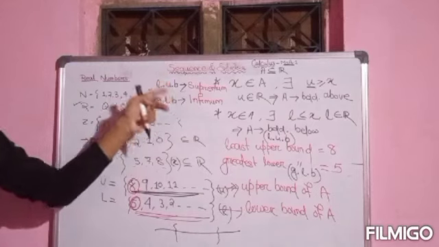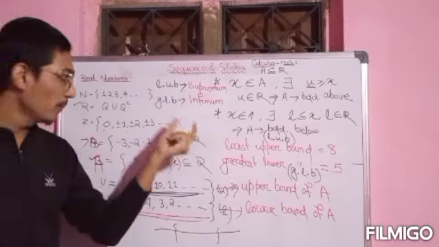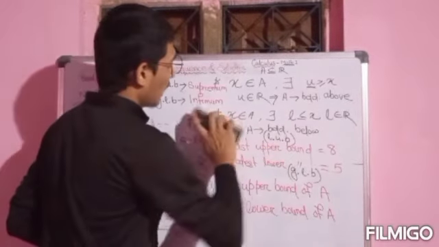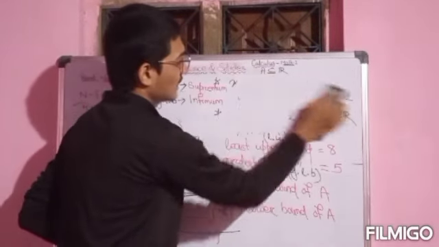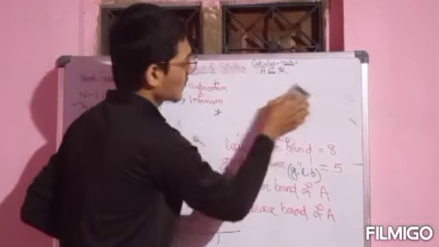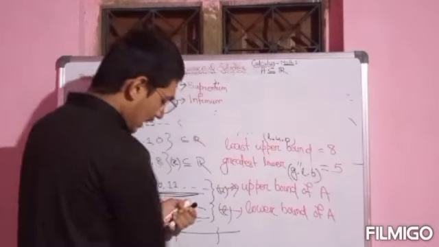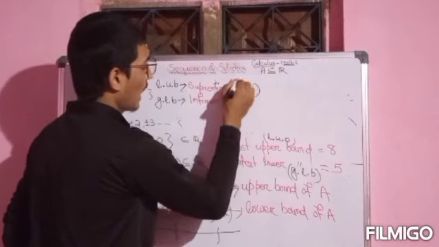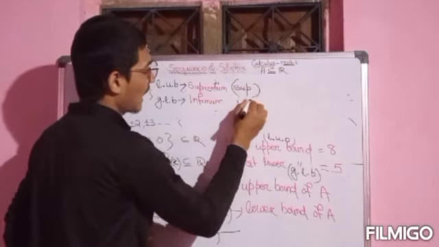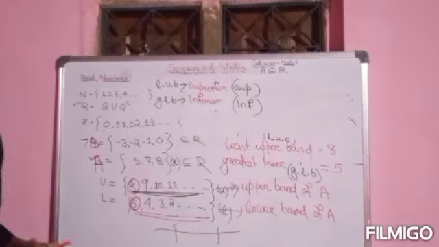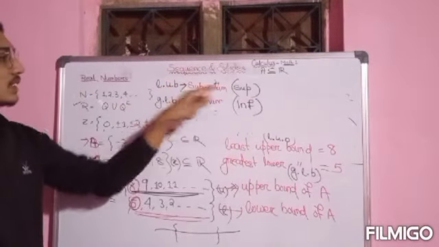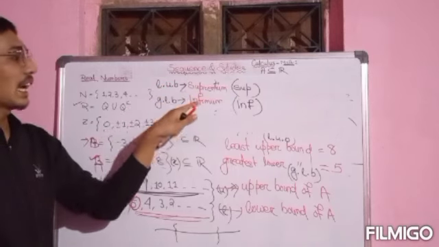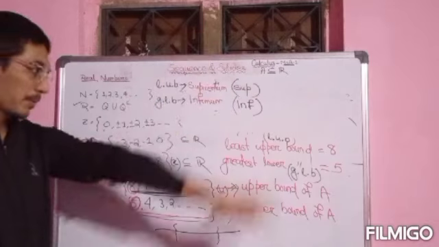I will call the least upper bound the supremum, and the greatest lower bound the infimum. And I will write them even shorter: supremum as SUP and infimum as INF.